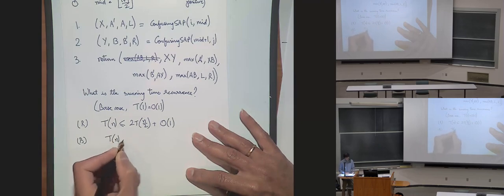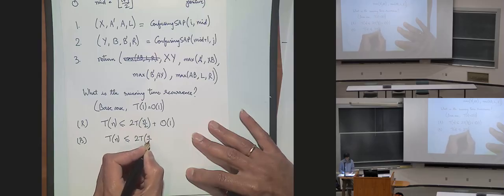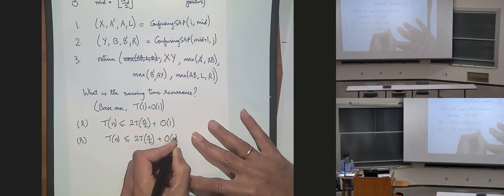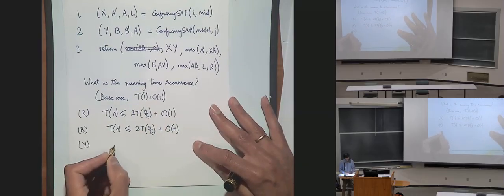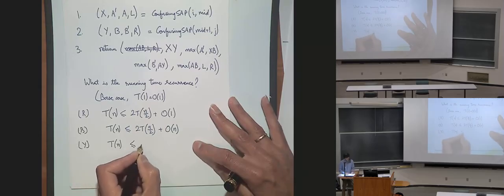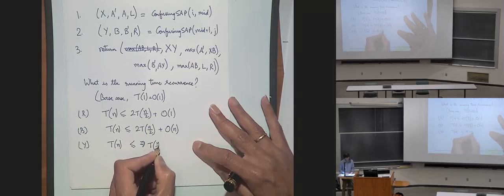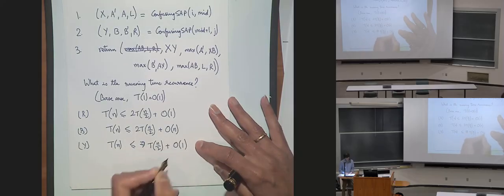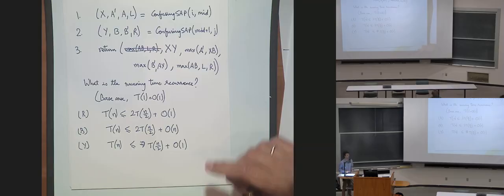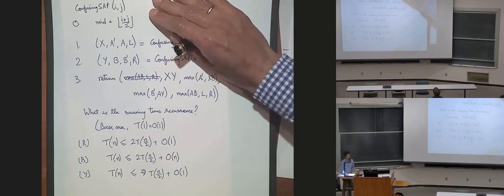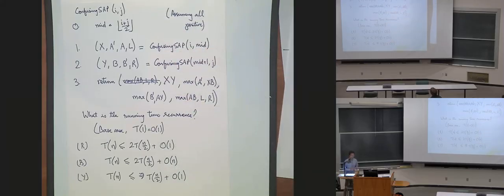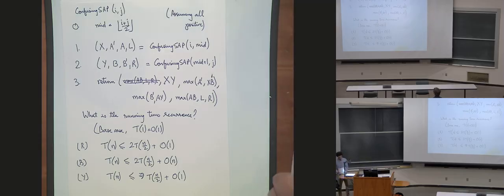Is it T of n is less than 2T of n over 2 plus O of n? Or is it T of n is less than T of n over 2 plus O of 1? Which one is it? This is your procedure here. Which one is it?